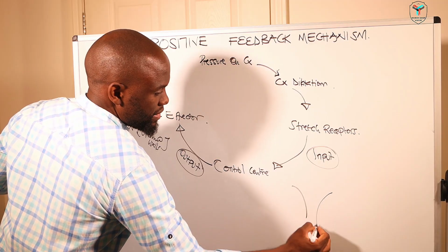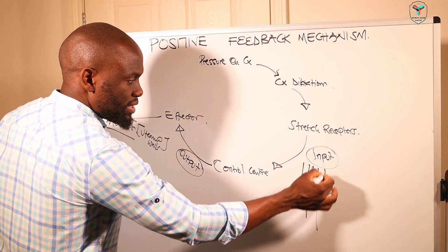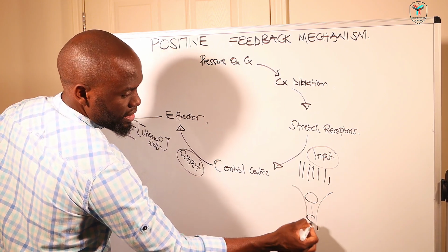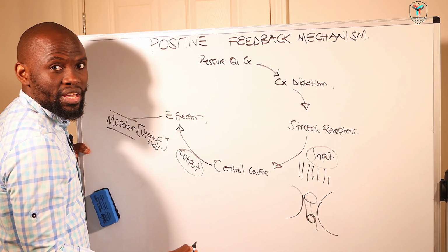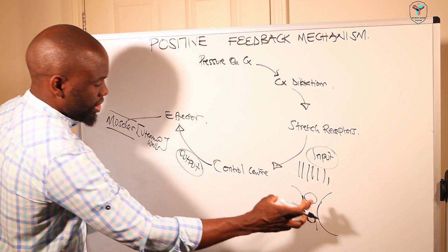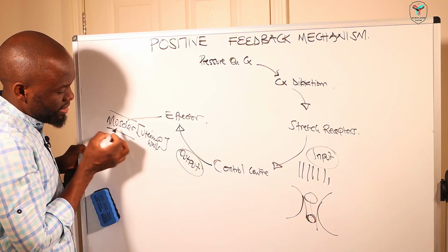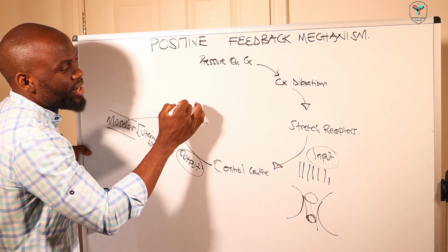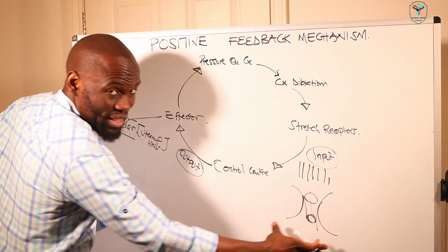If you have a cervix here and the fetal head here, with more contractions they push this fetal head even further. So you have the head coming down and the cervix being stretched even further. That further stretching of the cervix, because of the oxytocin released and acting on these uterine wall muscles, is going to cause more pressure on the cervix and further stretching.